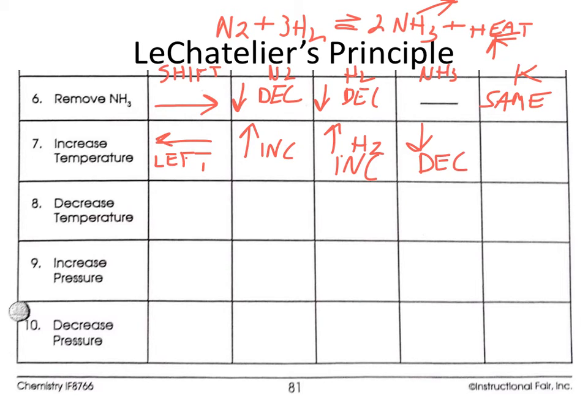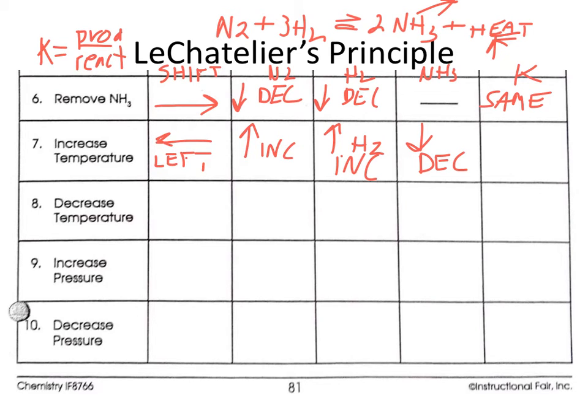And now we have to ask ourselves, well, how does this affect the equilibrium constant? We know it really is going to affect it. So again, we say the equilibrium constant is products over reactants. So right now, if we're increasing the temperature, we've said that the N2 and the H2 will increase. They happen to be reactants, so they're on the bottom. So the denominator's getting bigger and the numerator's getting smaller.